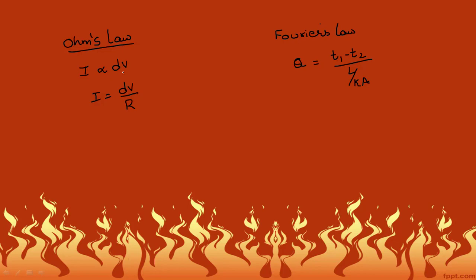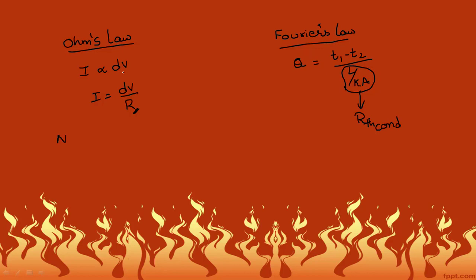The resistance offered is the electrical resistance to the flow of electrons, whereas in Fourier's law, the resistance offered to the flow of heat is why we call it the thermal resistance, and as this happens in conduction, we call it thermal resistance due to conduction.